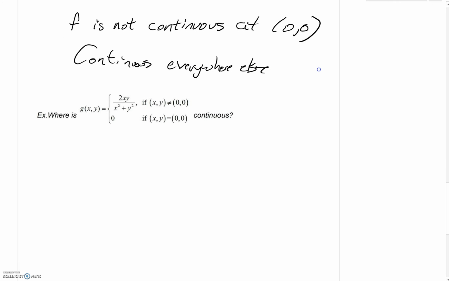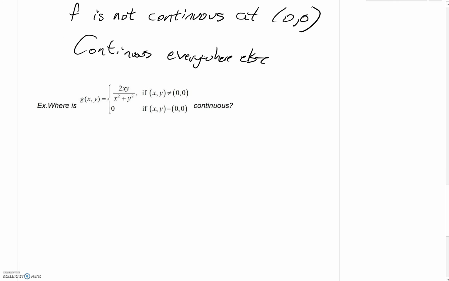Last one. Here's function g, and you can see this piecewise setup. If x comma y is 0, 0, your function is defined to be 0. Otherwise, it's 2xy all over x squared plus y squared for all other ordered pairs. So you might guess 0, 0 is the big question. Well, we know for step number 1 that g of 0, 0 equals 0.